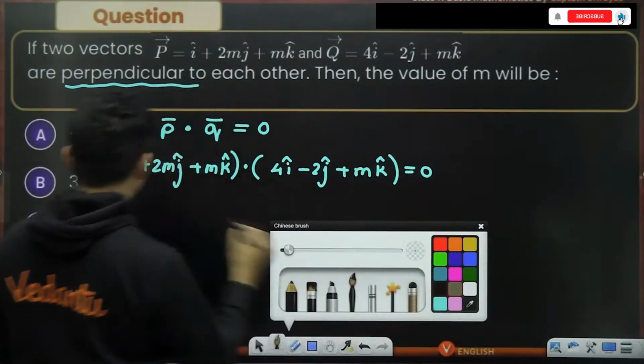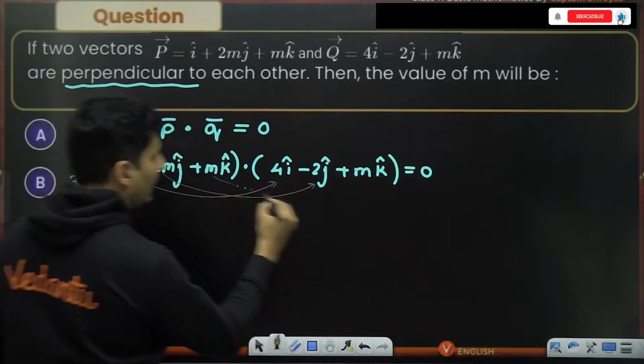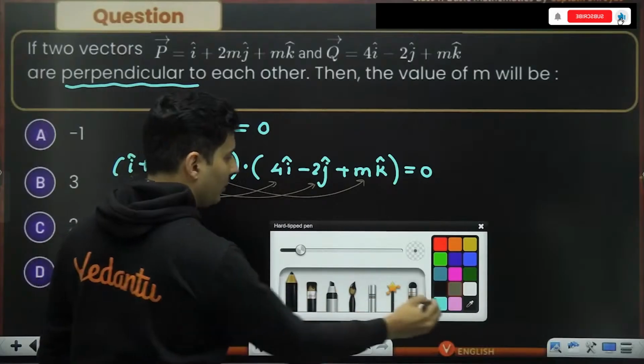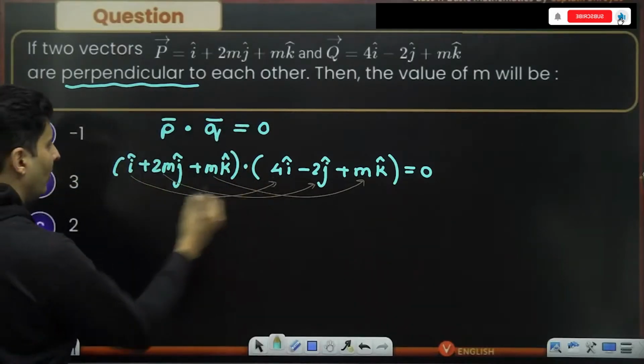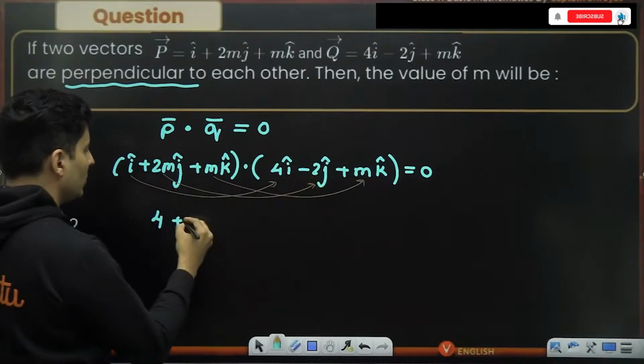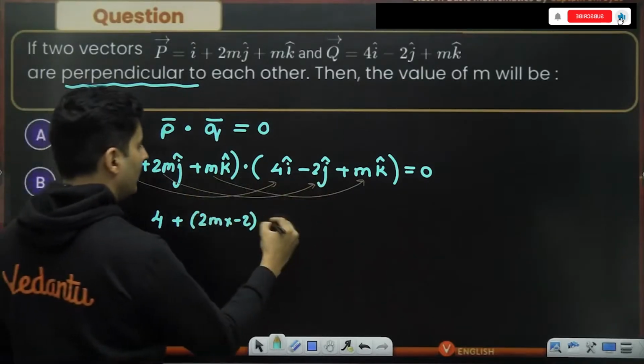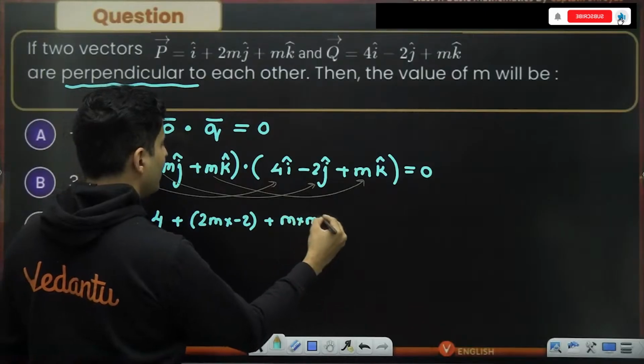Needless to say, I have to multiply i with i, j with j, and k with k whenever I do dot product. Okay. So 1 into 4 is 4. 2m into minus 2, so it will be 2m into minus 2 over here. And lastly, m multiplied by m.